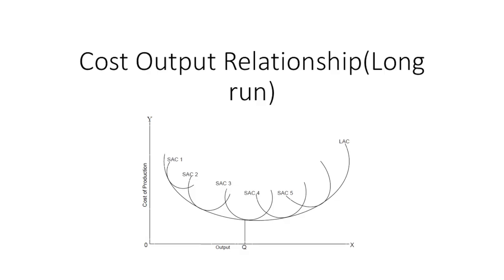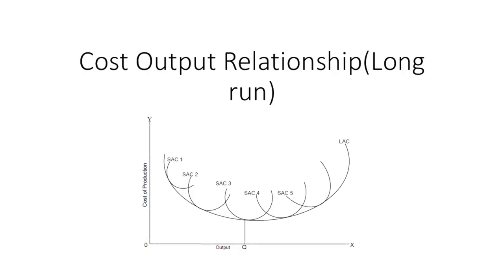The long run cost curves are influenced by the law of returns to scale, but the short run cost curves are subject to the working of the law of variable proportions. The law of returns to scale means we are changing the factors of the plant also.